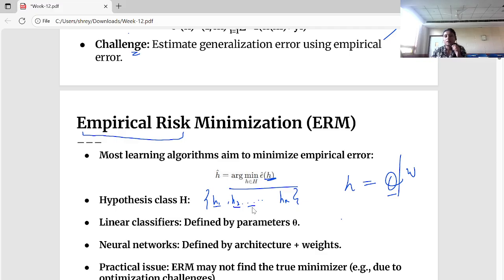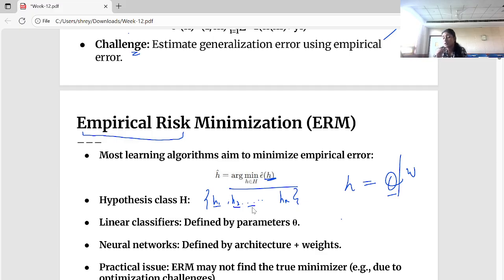Now, you have multiple types of classifiers that you have already defined: some linear classifiers, neural network classifiers with parameters theta and their architecture, right? So ultimately these hypotheses depend on these classifiers. The practical issue is that this minimizer, this ERM, may not find the true minimizer, right?